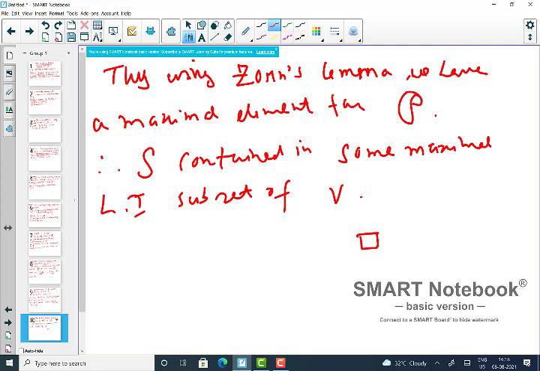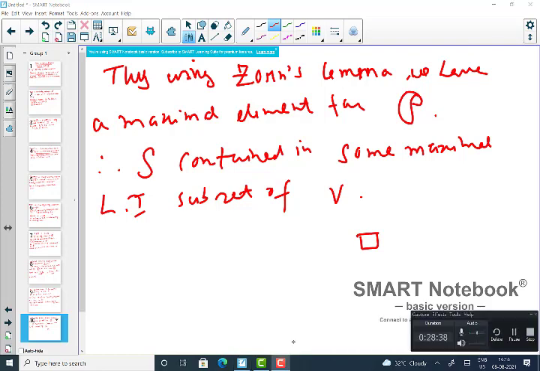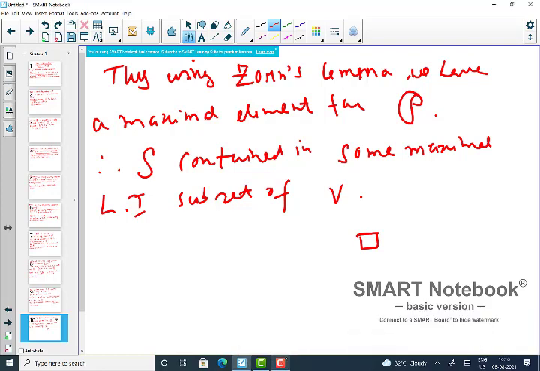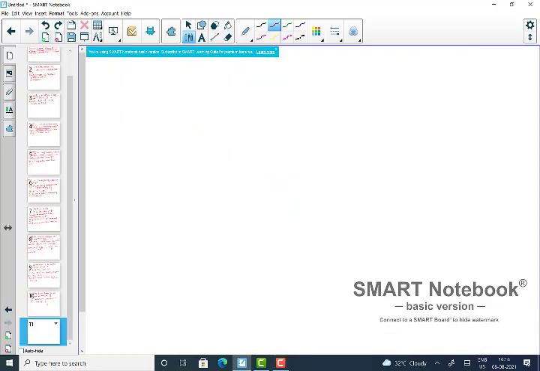Okay, so now the corollary tells you that every vector space has a basis, right?